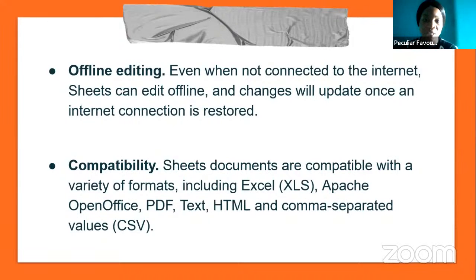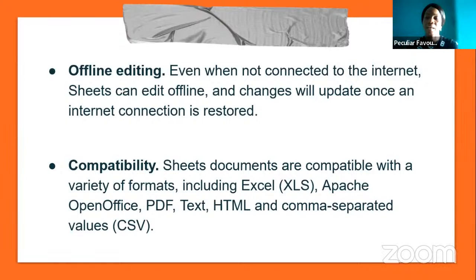Then compatibility. Sheet documents are compatible with a variety of formats, including Excel, Apache OpenOffice, PDF, text, HTML, and comma separated values. So this Google Sheet actually has a counterpart that looks just like it, which is Excel. Google Sheet is more on the online side.